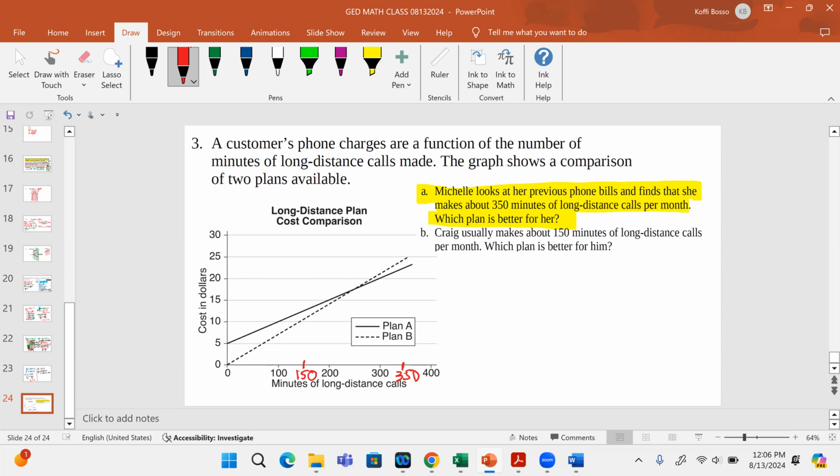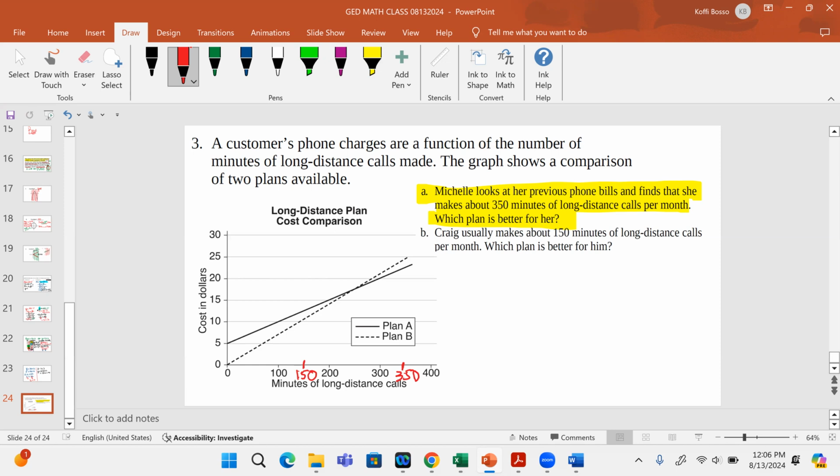Okay, when you have a question based on a graph, the first thing to do here is to understand the graph. We have two lines, right? One is a dashed line, the plan B, and one is a solid line, this is plan A. Now we have these numbers on the horizontal line.